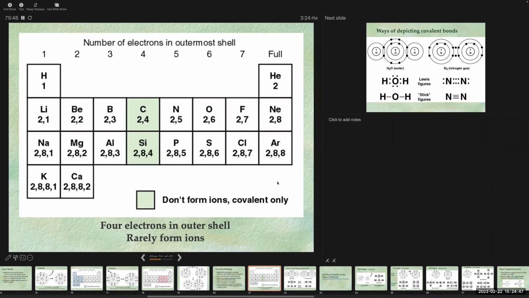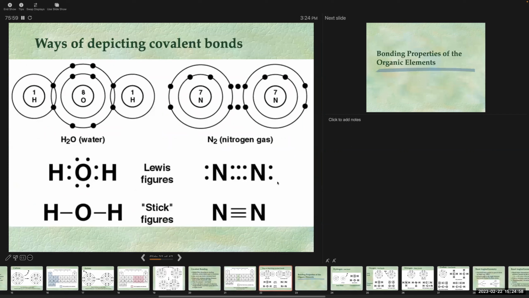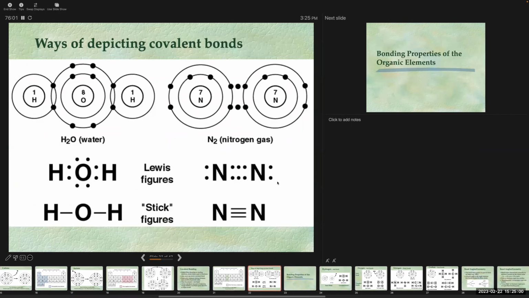They only form covalent bonds, but everything else here can also form covalent bonds, except for the things at the far right that have their shells full. There are a couple of different ways of depicting covalent bonds.